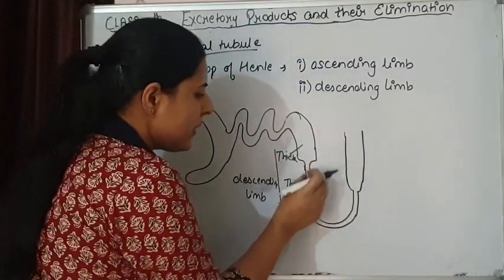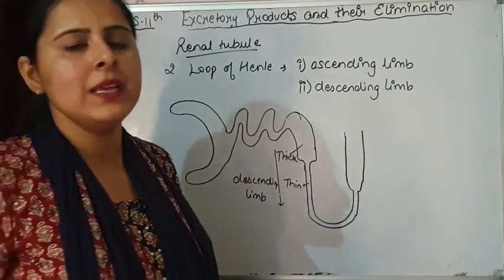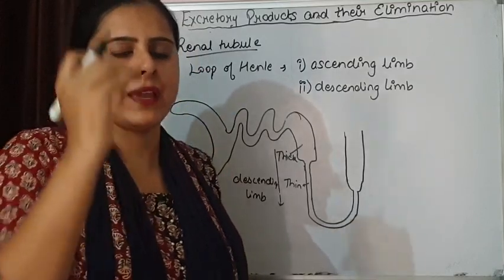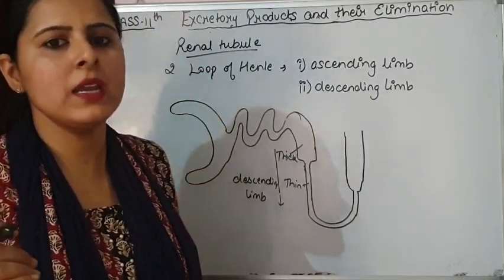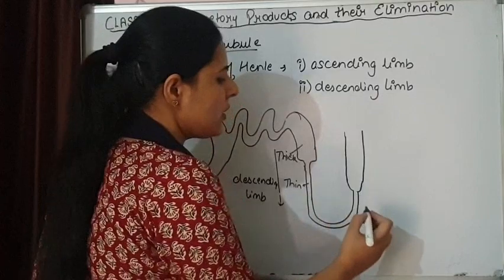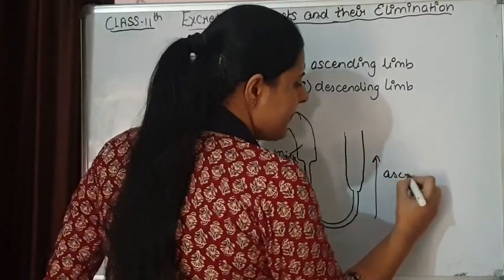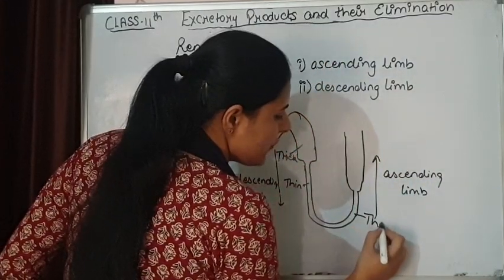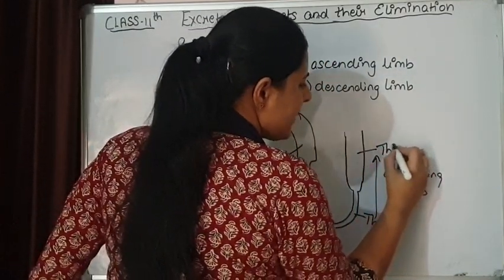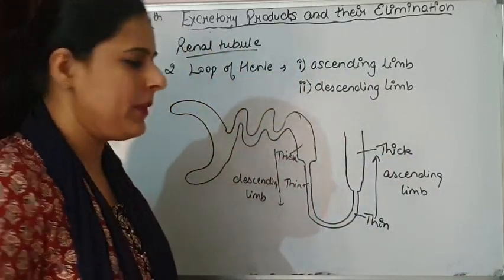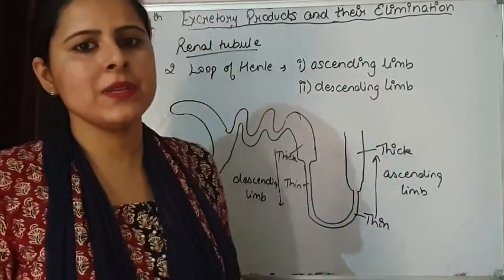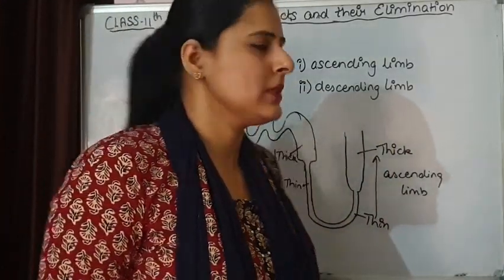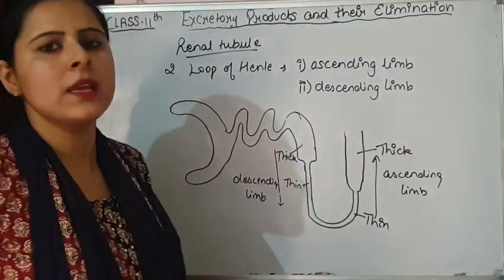When we move into this thin segment, the cuboidal cells have a scarcity of microvilli. Now the number of microvilli is reducing. Same situation here also. This is the ascending limb. This is the thin segment of the ascending limb and the thick segment of the ascending limb. Here also cuboidal cells are present and the number of microvilli is very low. This is how the loop of Henle is present.